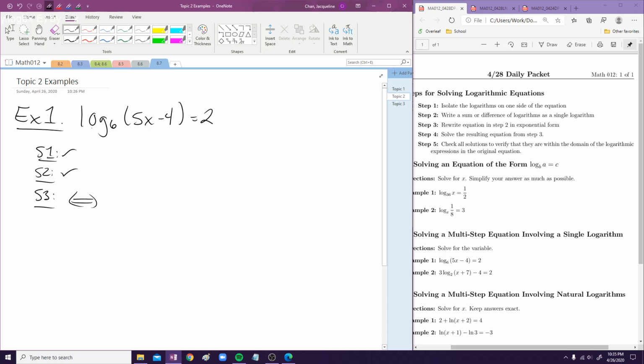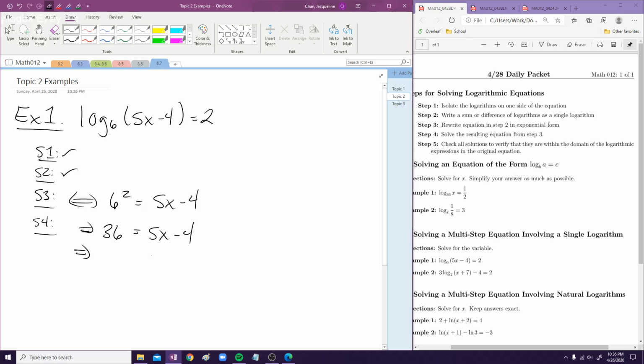So this is going to be 6 squared is equal to 5x minus 4. And then step 4, we're just going to solve for x. Remember, I'm going to use an arrow because there's an equal sign right here. So 6 squared, we know that is 36 because 6 times 6 is 36. And then we're just going to bring the rest down.